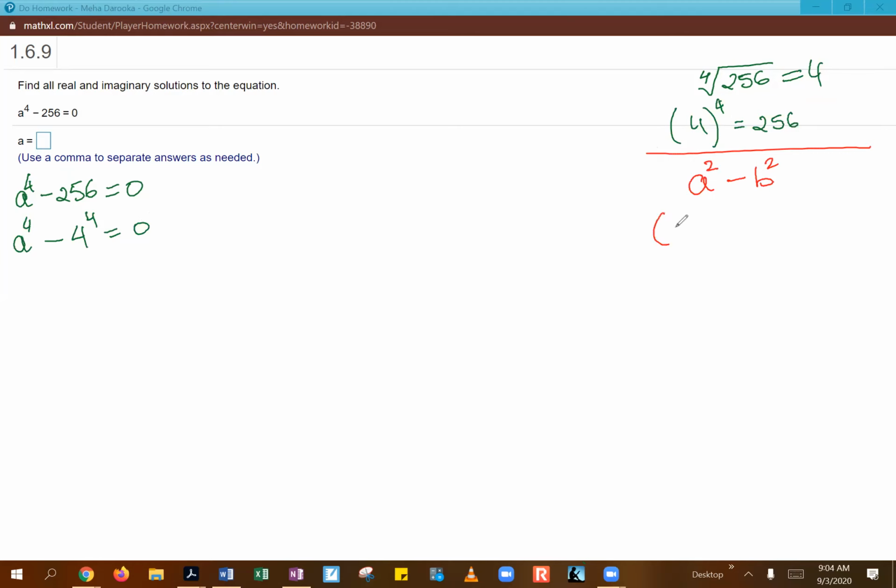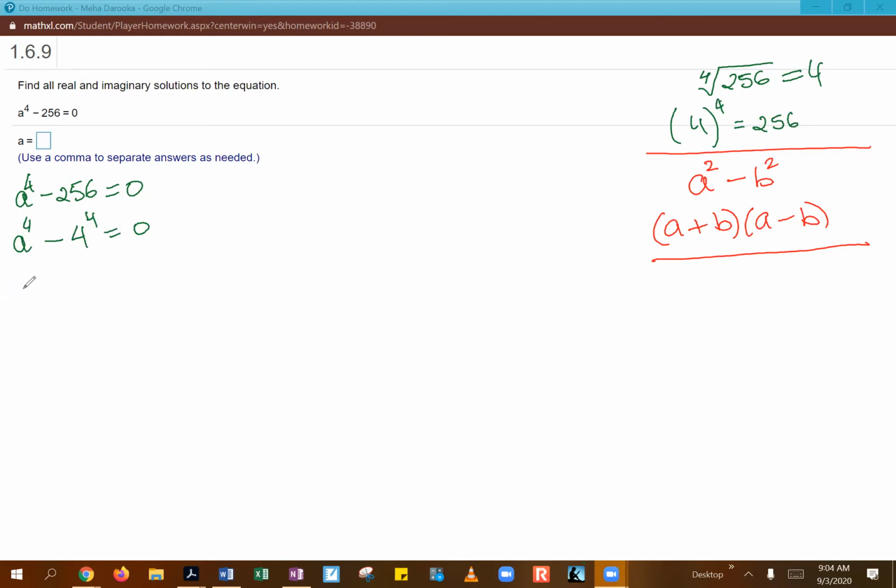You can think about it just as a square minus b square. You don't really have to think of it as an equation, but it factors into a plus b and a minus b. Now, of course, in our case, we don't really have square terms. We have the 4th power, but we can still use the same concept. All we have to do is rewrite a to the 4th and 4 to the 4th power in terms of squares.